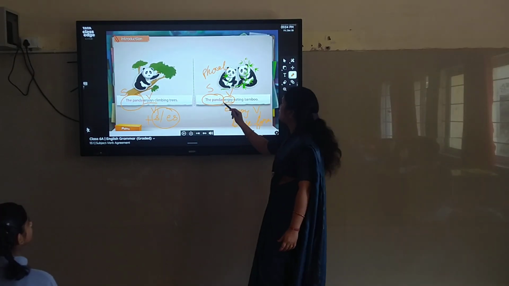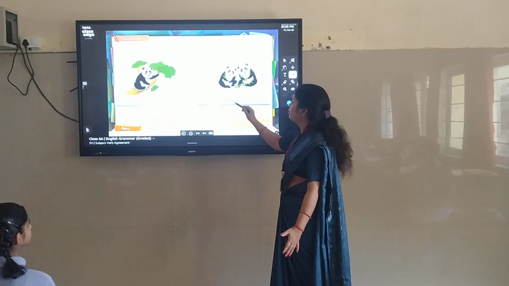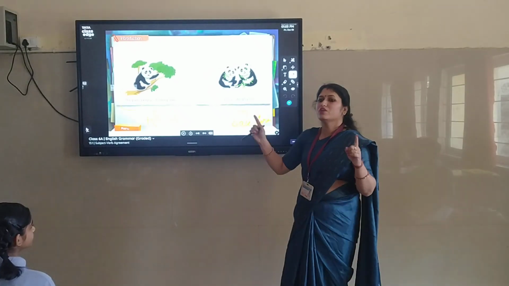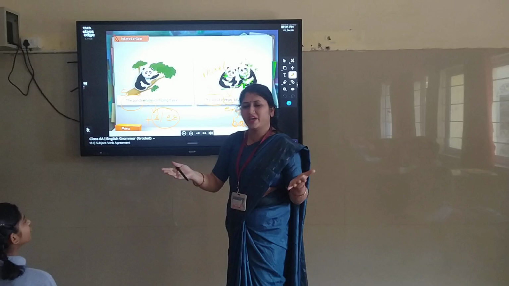If the subject is plural, plural means more than one, so we will not add s or es to the verb. Basically, we will use the first form of the verb, which is also known as the base form.